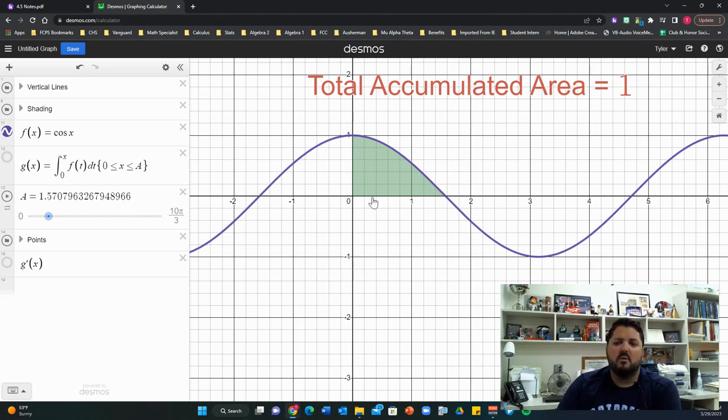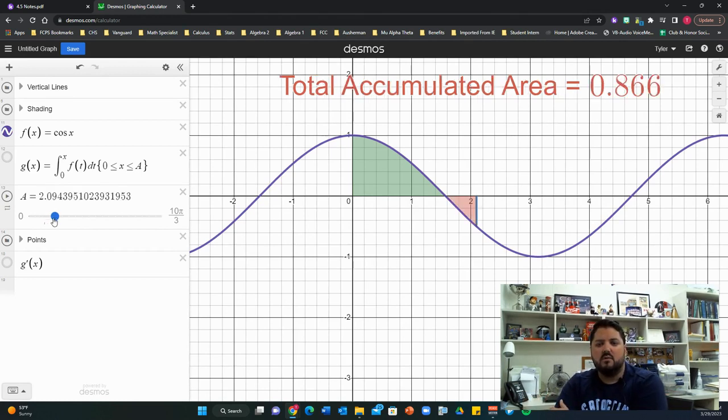Okay? But now what's going to happen, now I'm going to pass pi over 2, and now I'm working down into negative area. So we just went from a total area of 1 back down to square root of 3 over 2, and it's because we just took a little bit of that total area away because now I'm including a negative region.